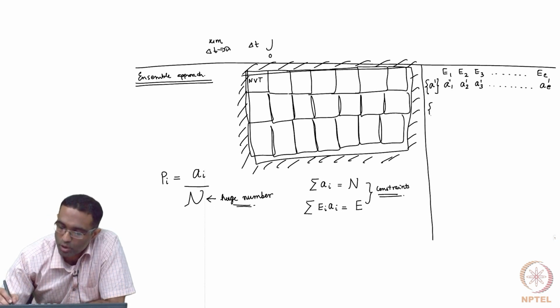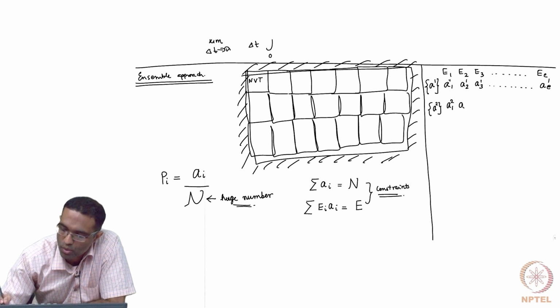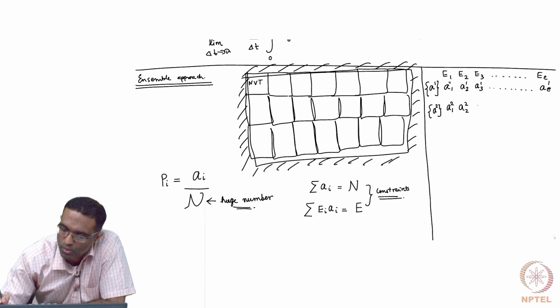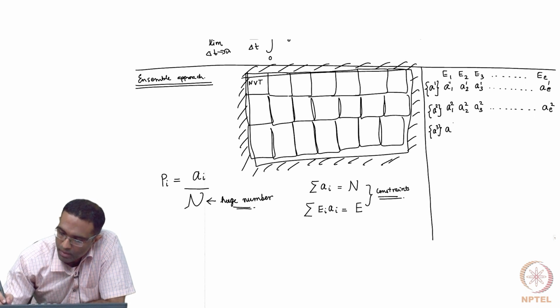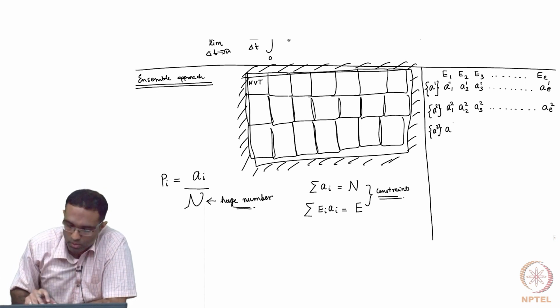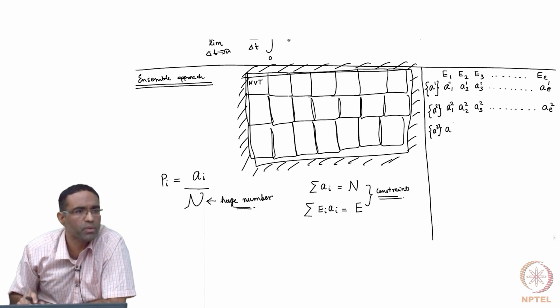There could be another distribution which I am going to call the A2 distribution, where A12 is the total number of systems with energy E1, A22, A32 and so on, AE2. Similarly, I can have many distributions, and all of these are expected to satisfy the constraint that the summation of EI AI is equal to E.